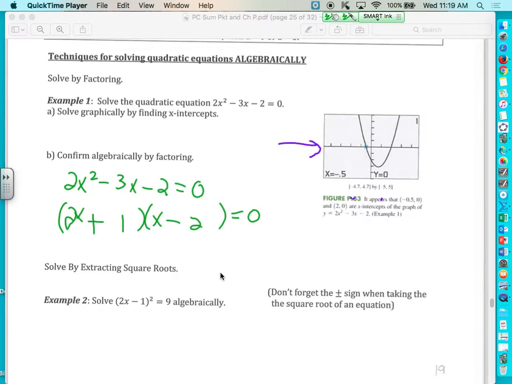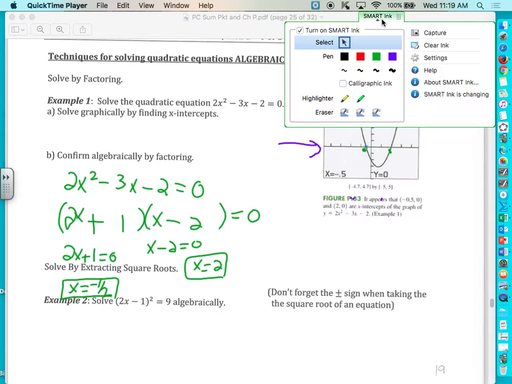If we set each of these factors equal to 0, 2x plus 1 equals 0, so x would be negative 1/2, or x minus 2 equals 0, so x is 2. And if you look at the graph, that's where these two points are, where the parabola crosses the x-axis. That's when the numbers work out really nicely for you, with rational numbers for your answers.